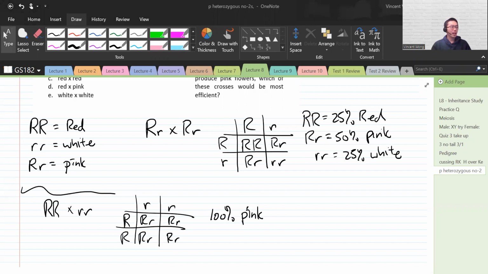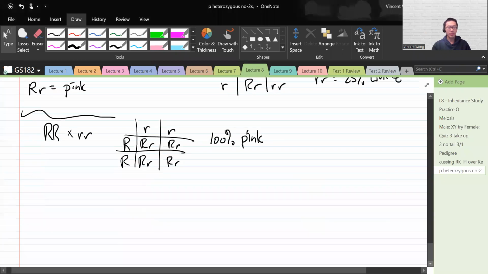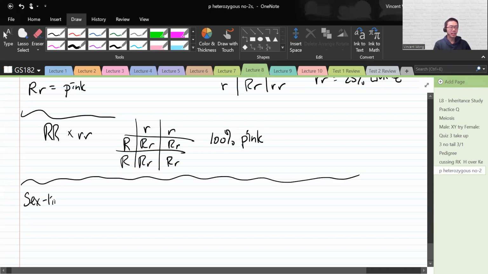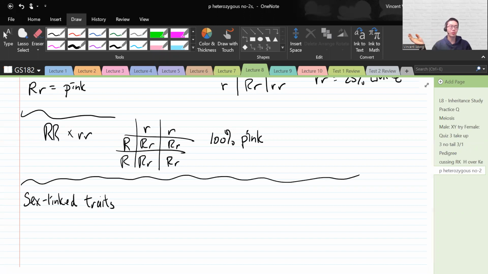All right. We still have another situation here that we need to talk about. It's called sex-linked traits. Okay, sex-linked traits. These are traits that are carried on the sex chromosome.